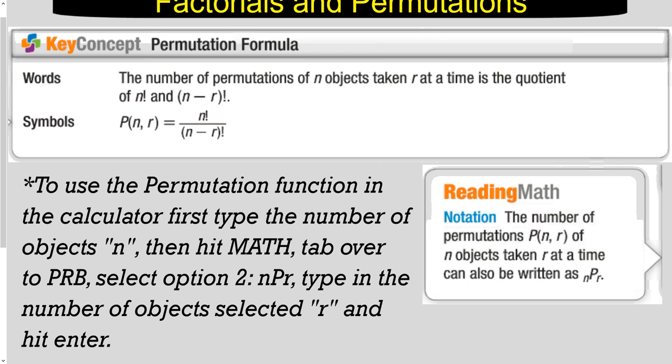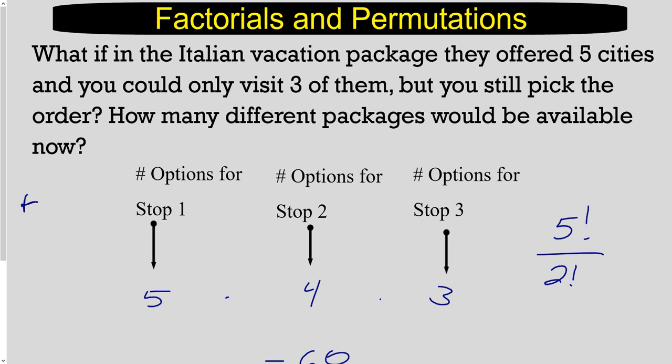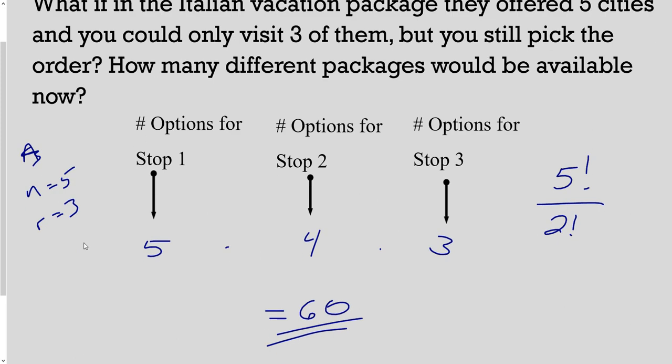So if we go back to this example just for a second, the number of things we have is 5, and the number of things we're choosing is 3. So the permutation, the number of ways to organize this, is n factorial over n minus r factorial. So 5 factorial, n minus r is in parentheses, n minus r, 5 minus 3 is 2, 2 factorial, which is what we wrote over here.